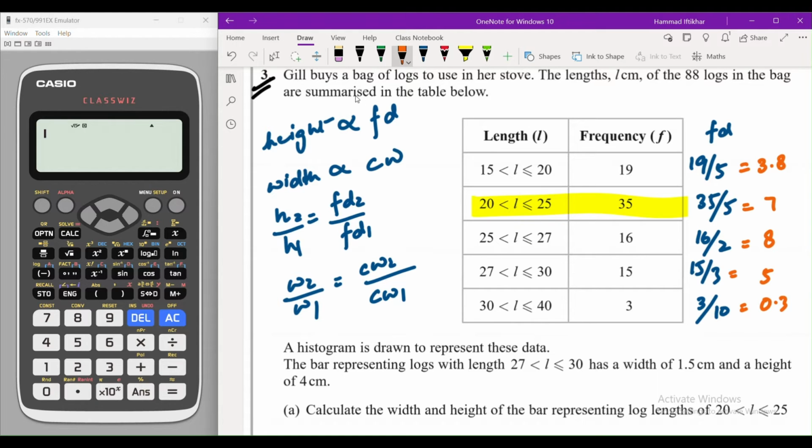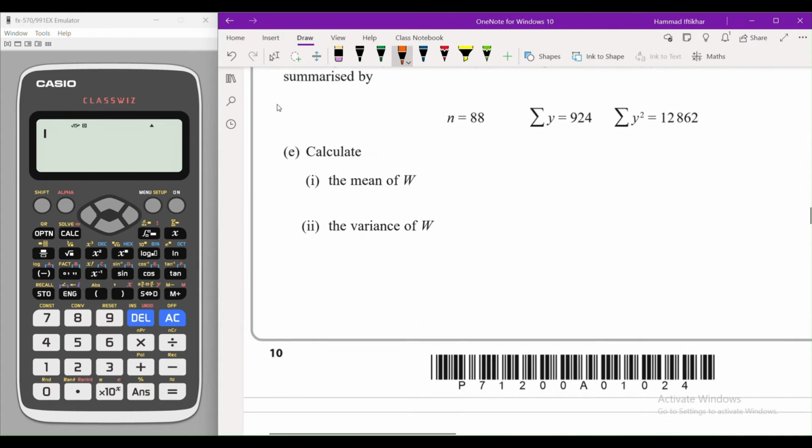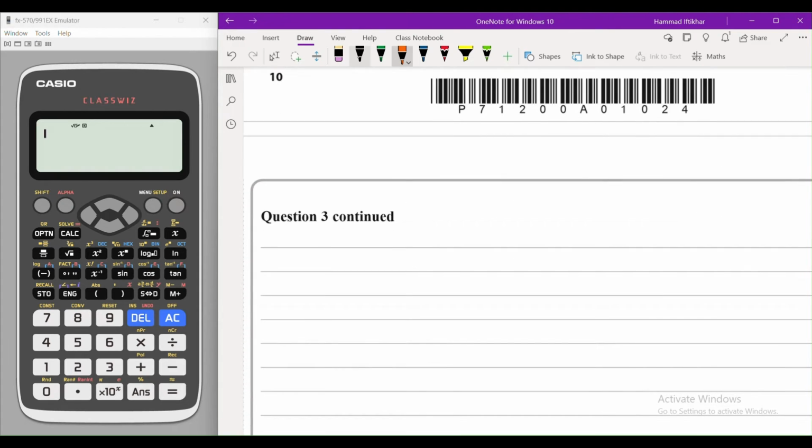So, okay, let's write this over here. H2 over H1 is equal to frequency density 2 over frequency density 1. So height 2 is what we are looking for.